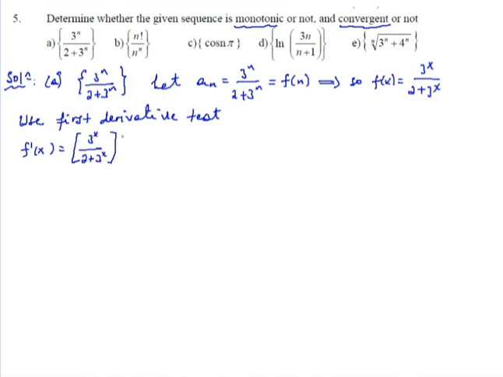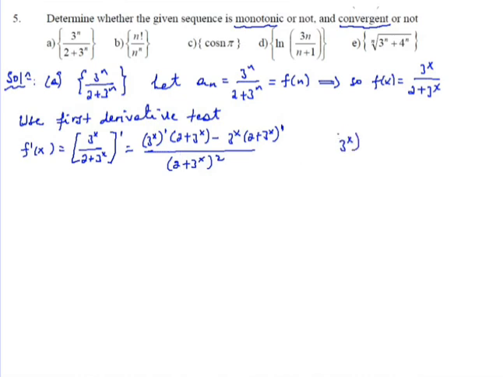Okay, quotient rule መጠቀም ትችላላችሁ. የዚህ derivative ማለት 3 the power of x derivative times 2 plus 3 the power of x, minus 3 the power of x times 2 plus 3 the power of x derivative ይሆናል, over 2 plus 3 the power of x, I mean the whole square ነው የሚሆነው.